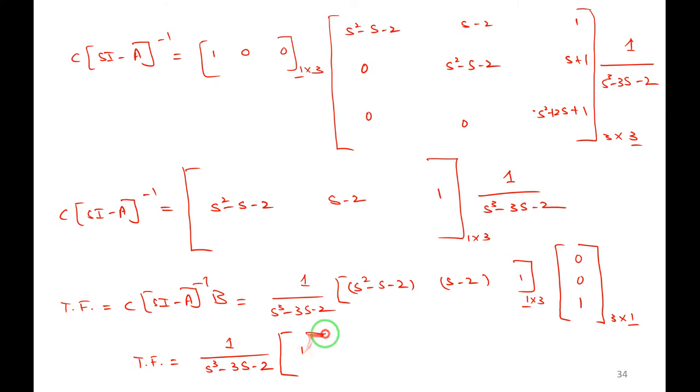So I am getting only 1. So the transfer function is 1 divided by s cube minus 3s minus 2. This is the transfer function.